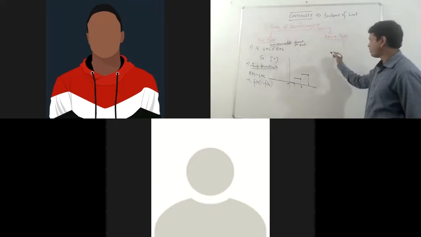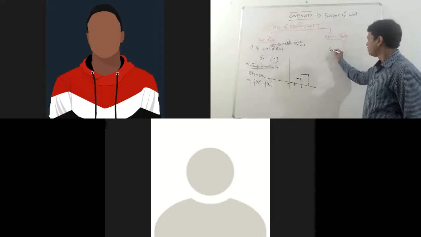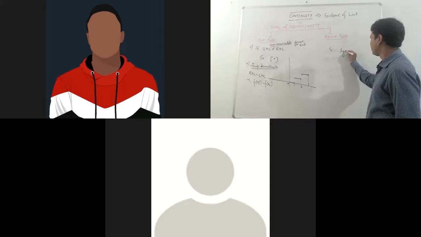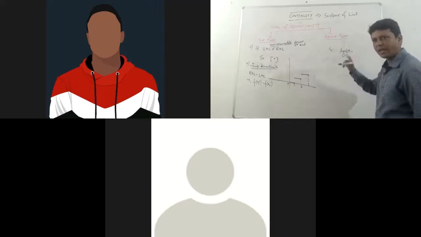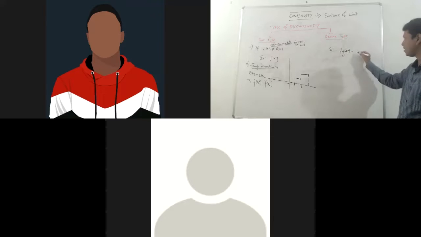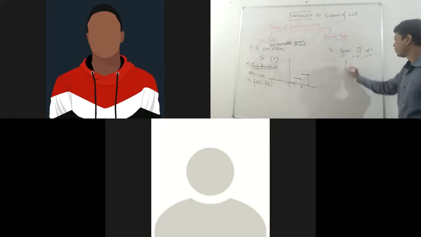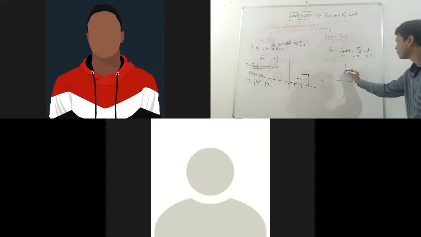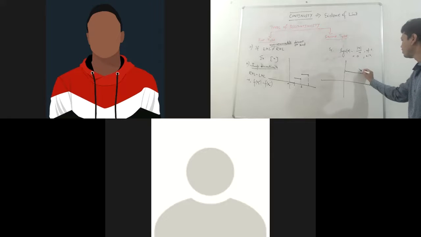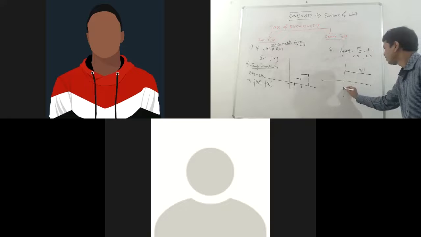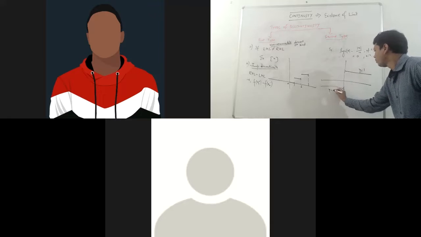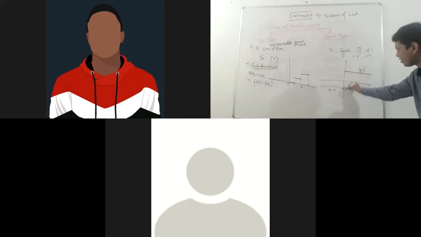Another kind of function having jump discontinuity: the signum function. I gave you the concept of the signum function in the last class. Mod x by x. Its diagram will be like this. This is the y equal to 1 line. This is the y equal to minus 1 line. This is the jump.